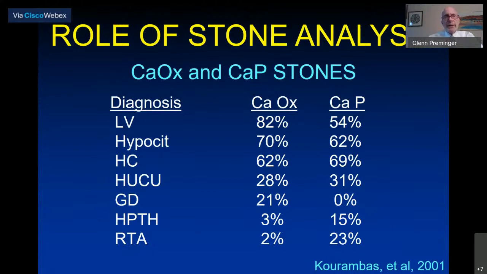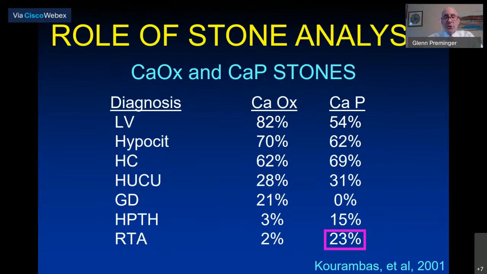And interestingly, when we looked at the underlying metabolic diagnosis as determined by the comprehensive metabolic evaluation relative to the stone composition, we found that comparing calcium oxalate to calcium phosphate stones, a significantly higher incidence of gouty diathesis, defined as a low urine pH, in our patients with calcium oxalate stones, and a higher percentage of hyperparathyroidism and renal tubular acidosis in our calcium phosphate stone formers.